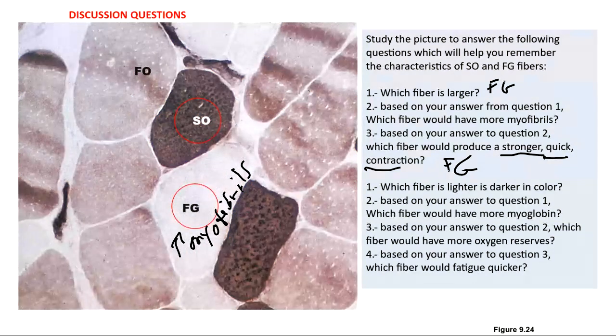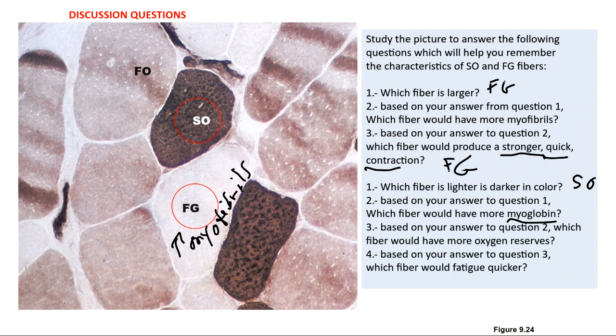Okay, next question is, which fiber is darker in color? The obvious answer, hopefully, is the slow oxidative fiber. So based on that answer, which fiber will have more myoglobin? The darker the fiber, the redder the fiber, the more myoglobin it has.